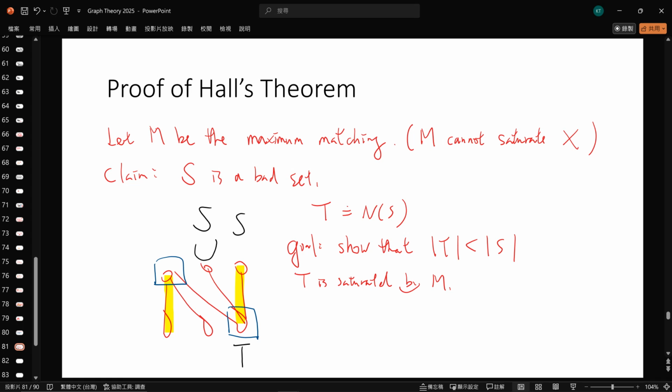If some vertex in T were not saturated, then we could find a larger matching. So all the vertices in T must be saturated. Recall that in our algorithm, whenever we find a saturated vertex in T, we can go up and add the other endpoint to the set S. So in other words, all the vertices in T are matched to vertices in S.